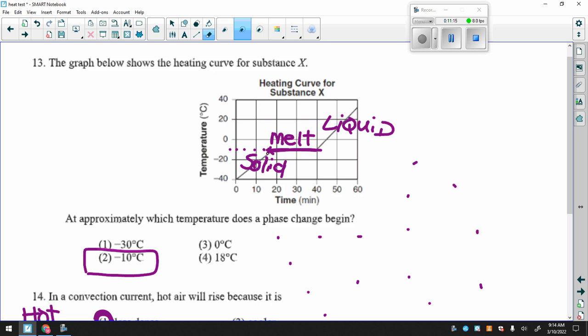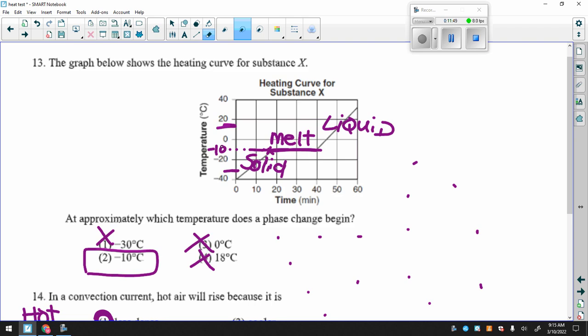This is not water. How do I know? Because it doesn't melt at 0. So 0's out. It doesn't melt at 18 over here. 18's out. It doesn't melt at negative 30. Negative 30's out. You go to the melting, go across, and then you have to infer what number this is: negative 10. If you got this wrong, label the graph, please. There's no why. You have to label this graph.